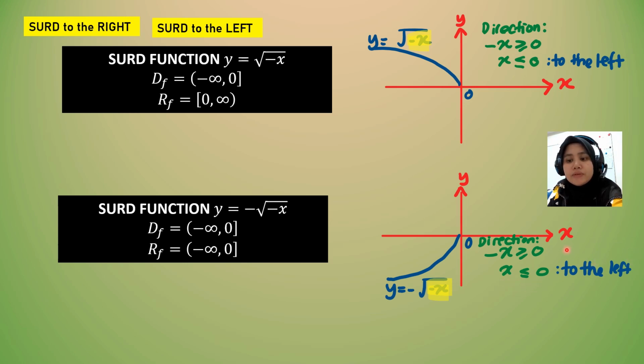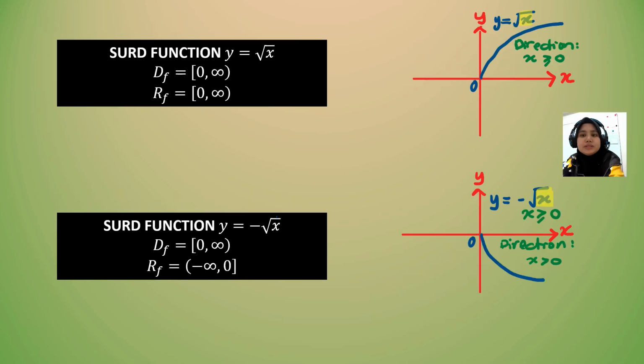That mean to the left. Sama dengan atas, to the left. Bila to the left, kita ada dua, sama ada to the left ke atas ataupun to the left ke bawah. So kita nak tentukan ke bawah adalah disebabkan kita punya simbol negatif di luar surd. Easy right?